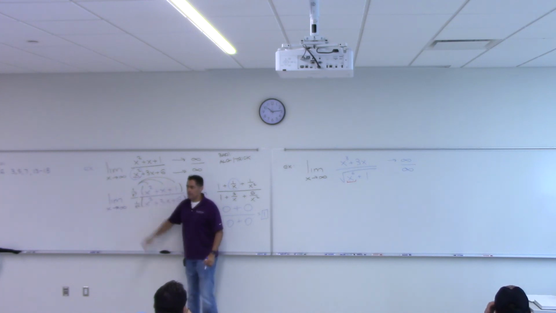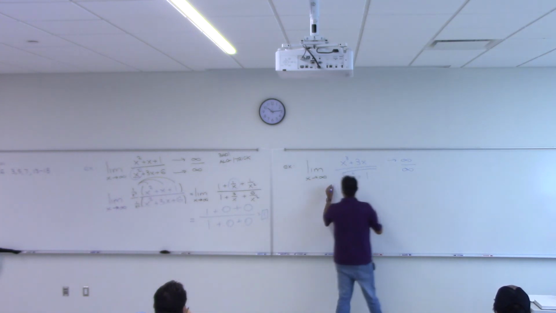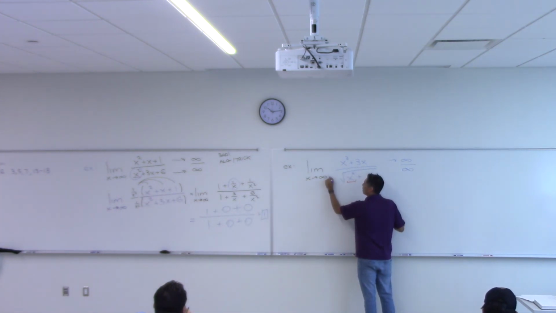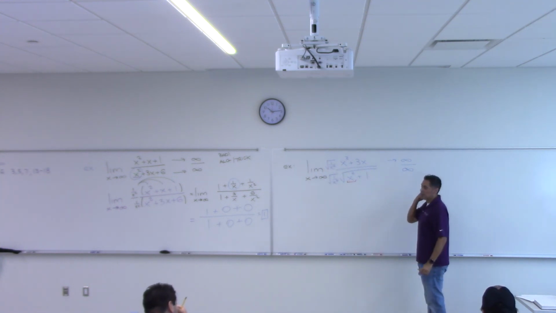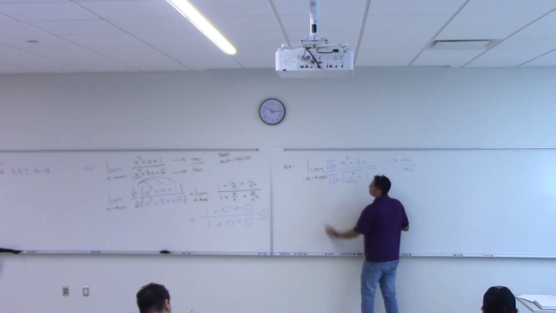Would you multiply top and bottom by the square root of x to the 6th plus 1, and then by 1 over x to the 6th? I would do this. Now, let's talk about why I'm doing this.